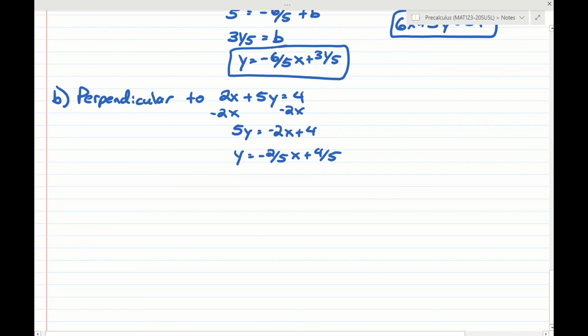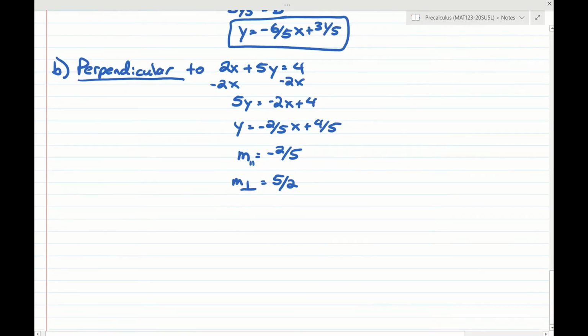We already said that the slope of this line was negative 2/5, but that's not what we want to use if it's perpendicular, right? That would be a parallel slope if we use the same one. So to get a perpendicular slope, we have to take the opposite. The opposite of negative 2/5 is positive 2/5, and then take the reciprocal. So 5/2 would be our perpendicular slope.